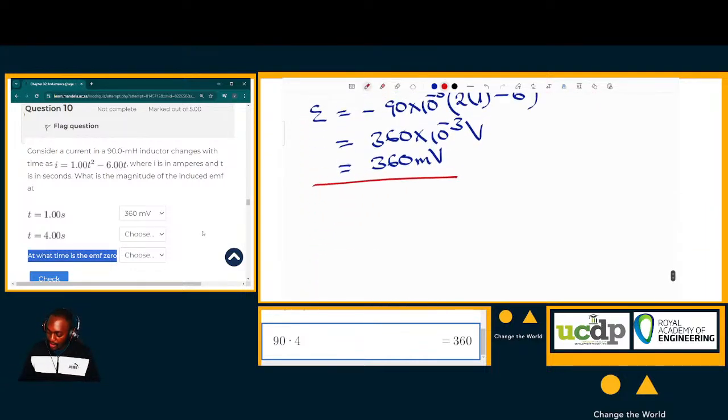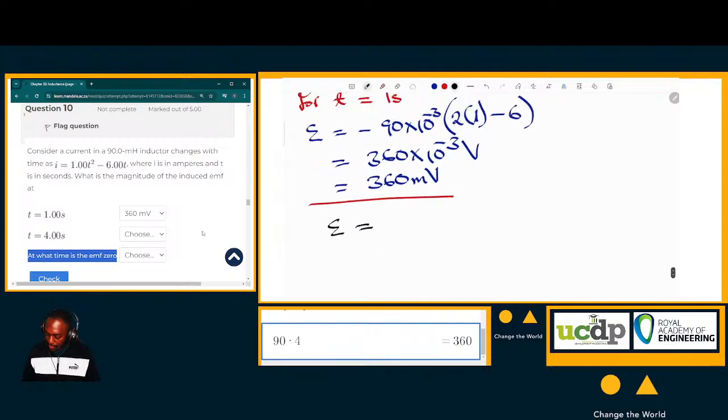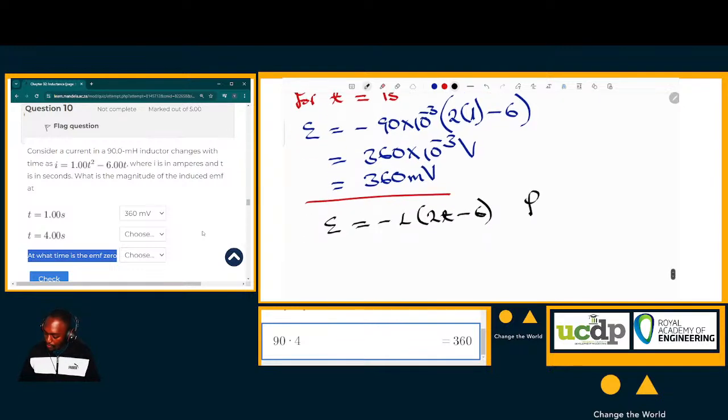So again, our expression: E equals negative L times 2t minus 6, for E equals 0. Substitute 0 there, and you remain with negative 90 times 10 to the negative 3 times 2t minus 6.